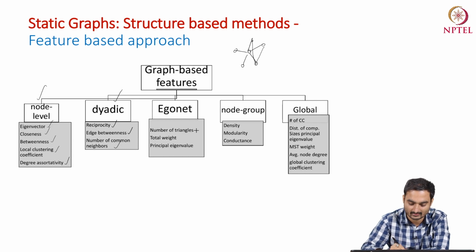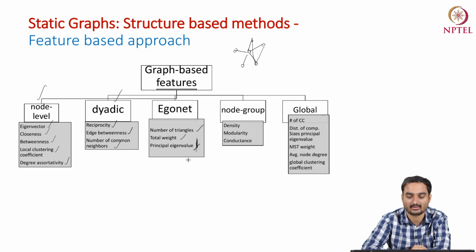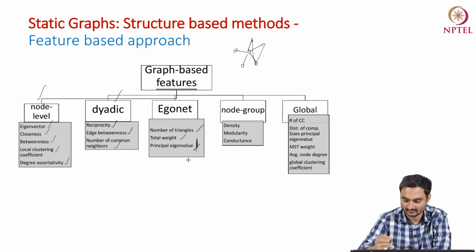For example, we extract the number of triangles, total weight, principal eigenvector, eigenvalue, and so on. We will discuss these properties later on, and that would determine the property of either a substructure or even the property of a node, the ego, for example.